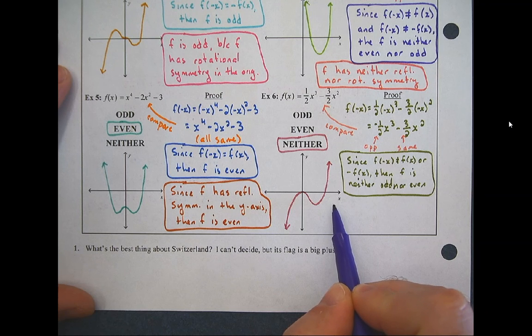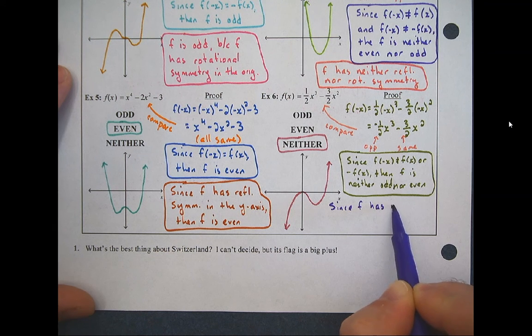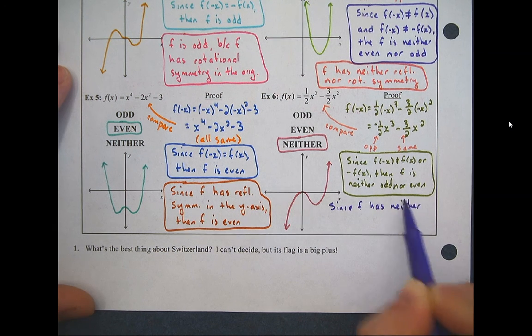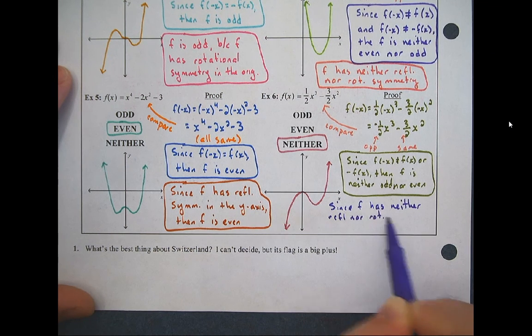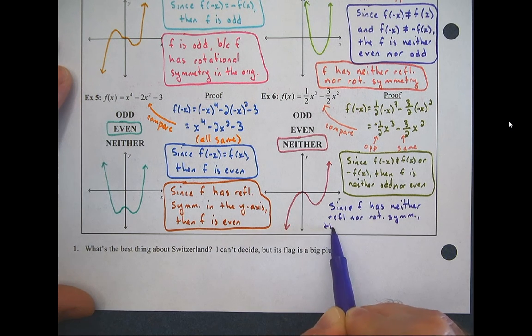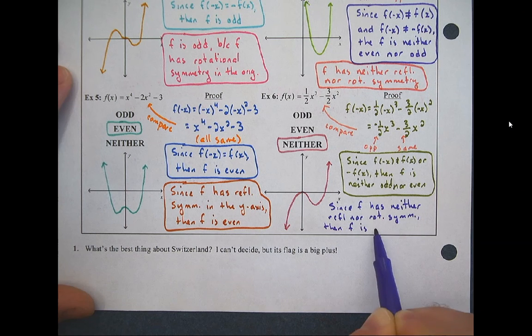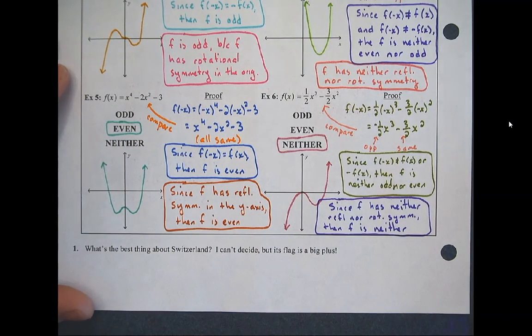Since f has neither reflective nor rotational symmetry, then f is neither. And you can add neither even nor odd if you have more room than I do. I don't. I'm going to stop there.